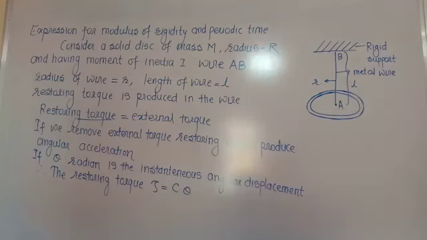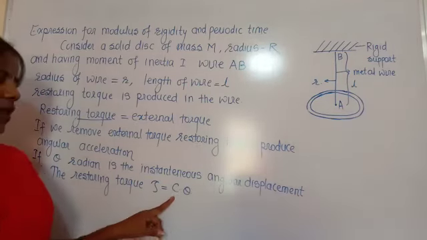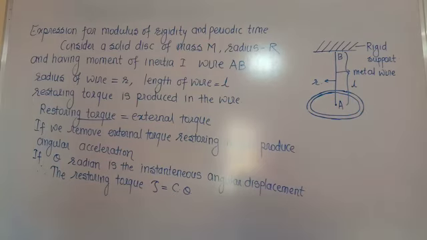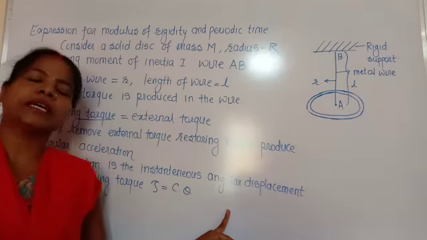And this C is the torsional constant of the wire. The remaining part of this expression we will see in the next class. Thank you.